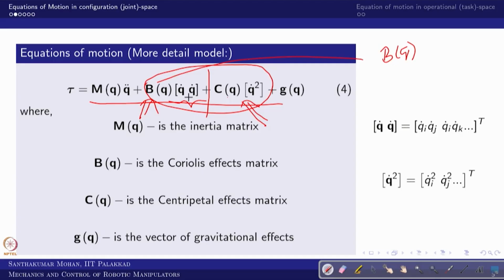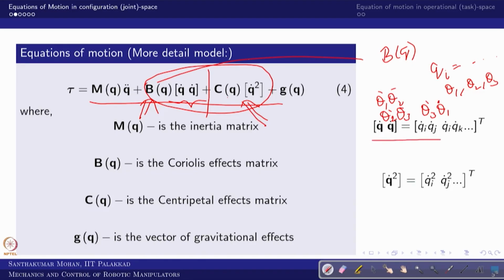So what is the dimension of Q dot? For example, Q could be theta 1, theta 2, theta 3, the 3 variables. Then theta 1 dot theta 2 dot, theta 2 dot theta 3 dot, and theta 3 dot theta 1 dot are the 3 combinations that can come, which will generate the Coriolis effect.